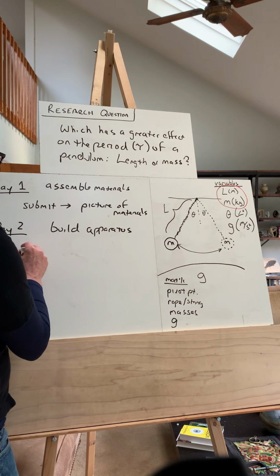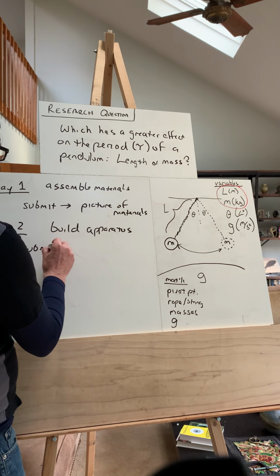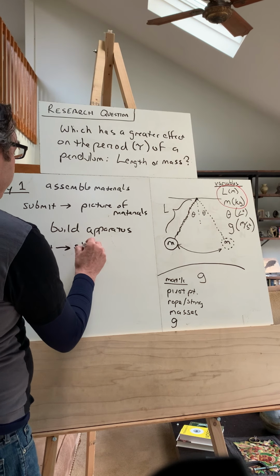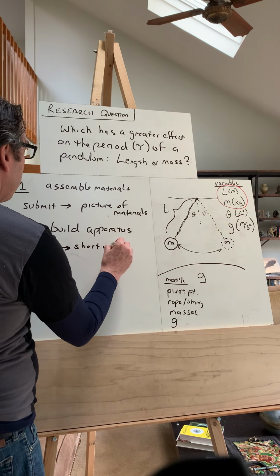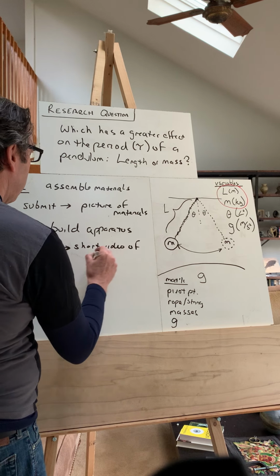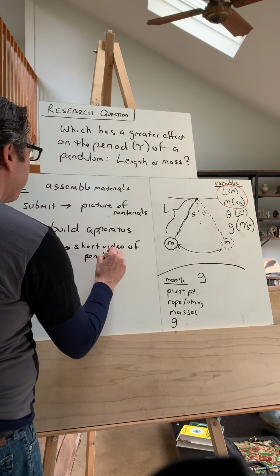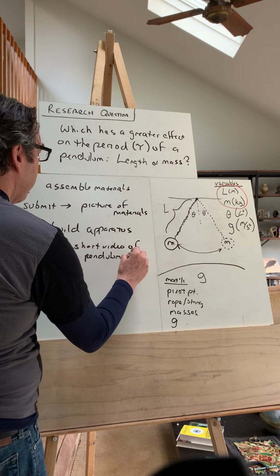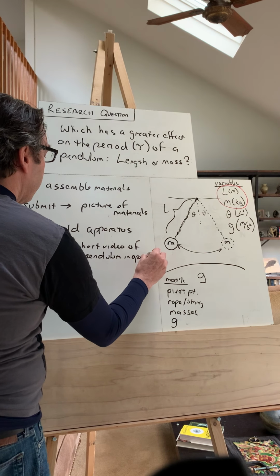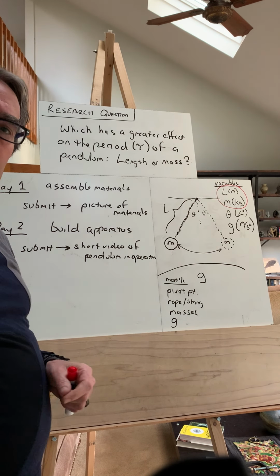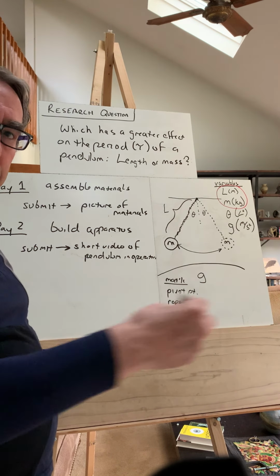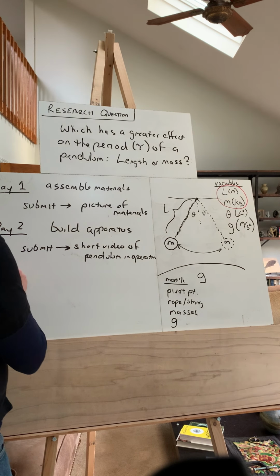And what you're going to submit is a short video of your pendulum in operation. So you have 2 full days to get to that point where you have your pendulum working.